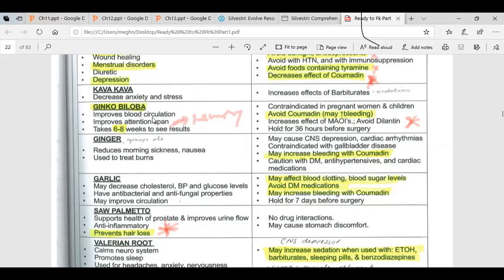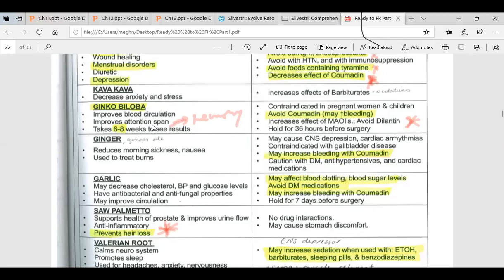Some people believe this helps the memory, improves blood circulation, and improves attention span, so you should be able to read more and more if you take it. But I do not know of any evidence-based medicine that supports this.